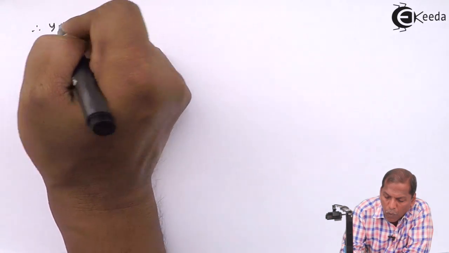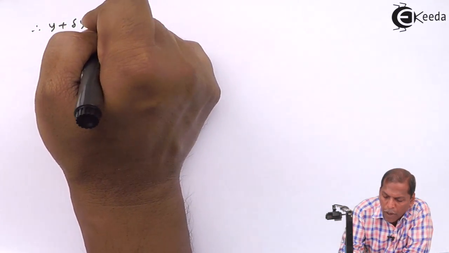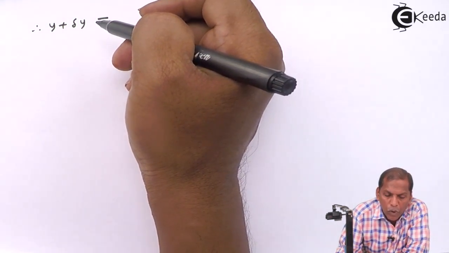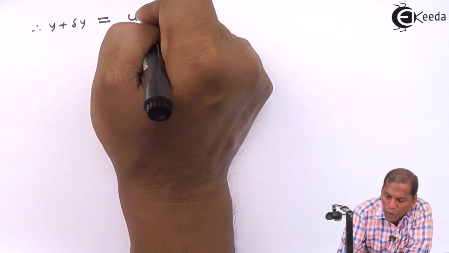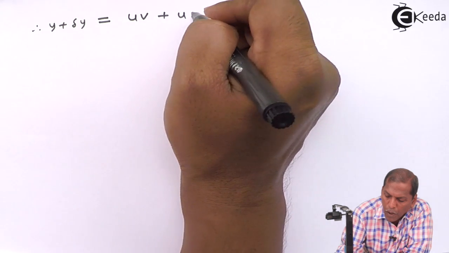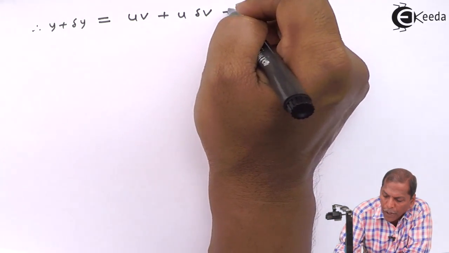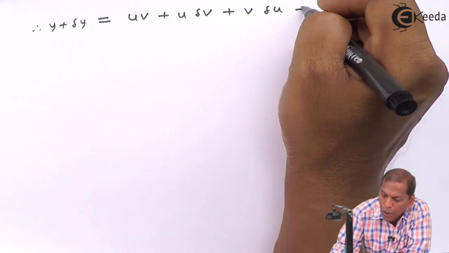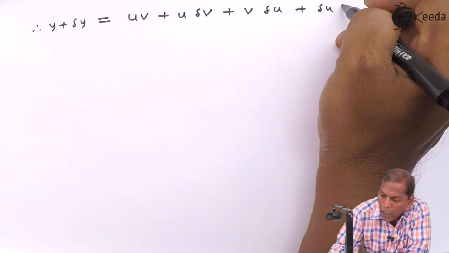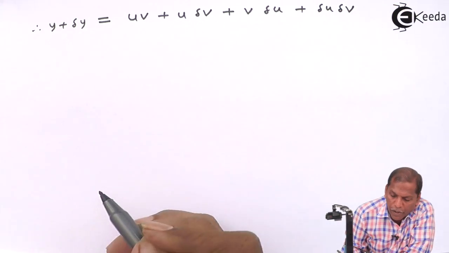Therefore, y plus delta y is equal to, on multiplying the brackets, we get u into v plus u delta v plus v delta u plus delta u delta v.